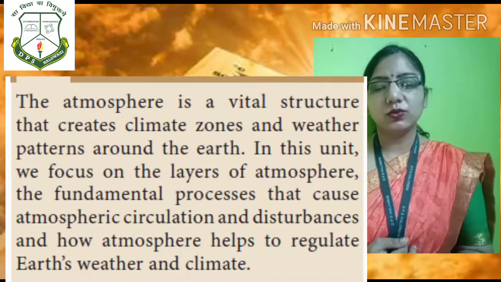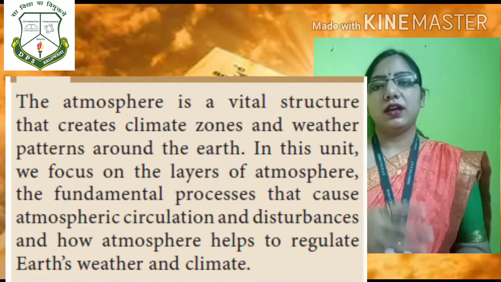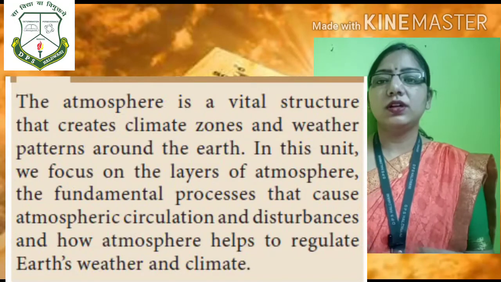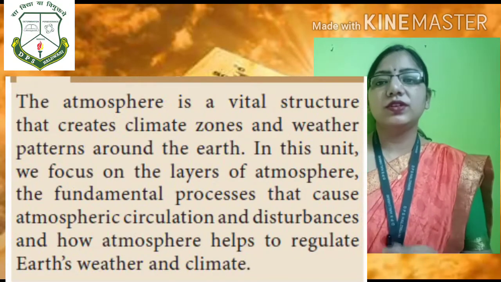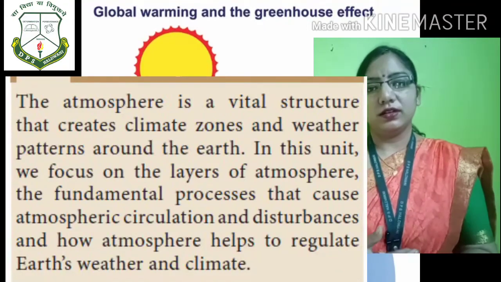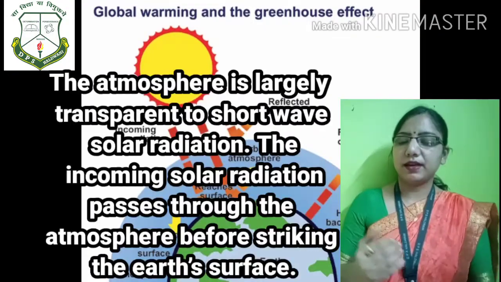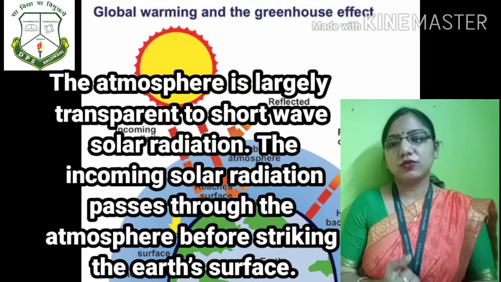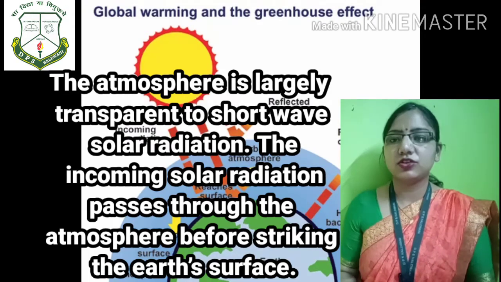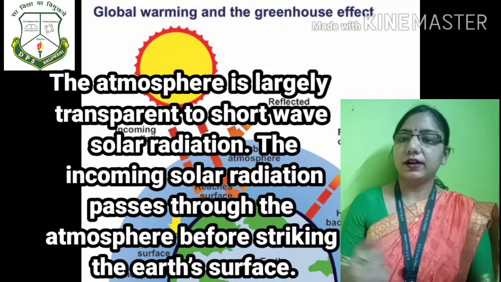Students, as you know, earth is receiving energy or heat from the sun, which creates different temperature zones on our earth. There are many processes which take place to create an atmosphere and climatic zones over our earth.